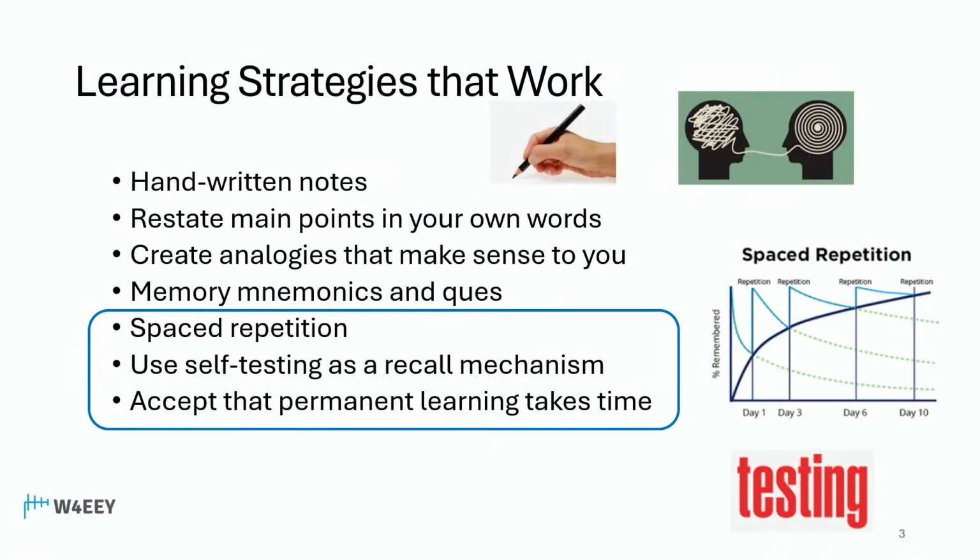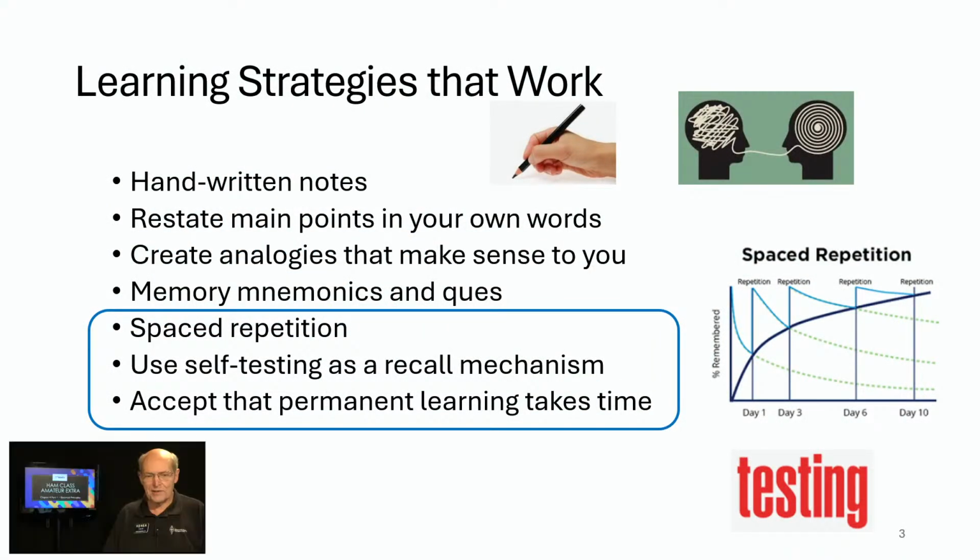So I just want to review quickly learning strategies that work. The ones that are circled there, spaced repetition, the exam review tool will help with that. So that'll be effective. And what we're wanting to do, of course, is to defeat the forgetting curve, this thing over here.